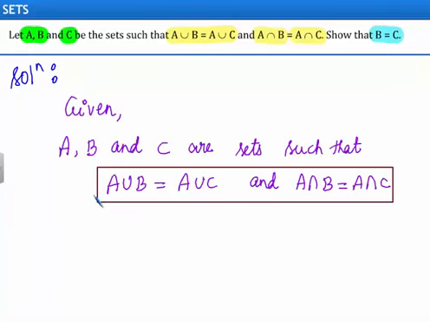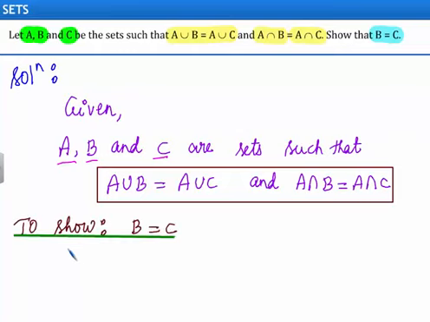We are given the sets A, B and C, such that A union B is equal to A union C and A intersection B is equal to A intersection C. We need to show set B is equal to set C.